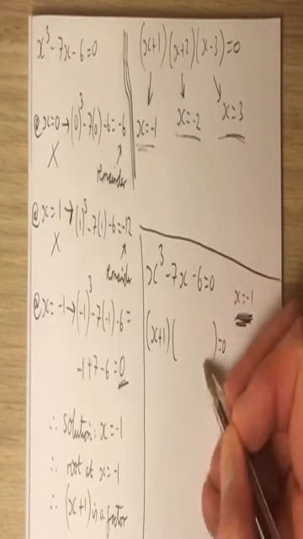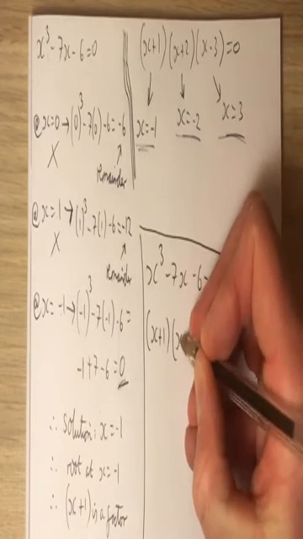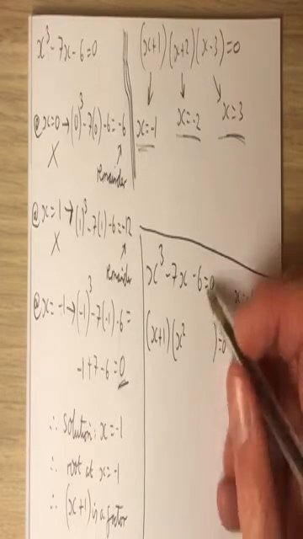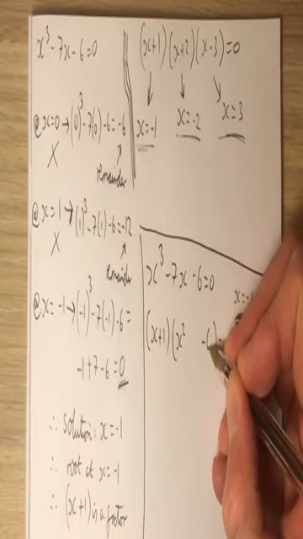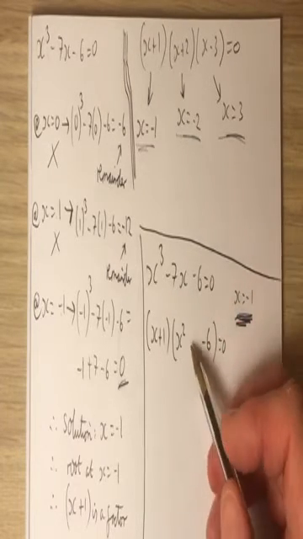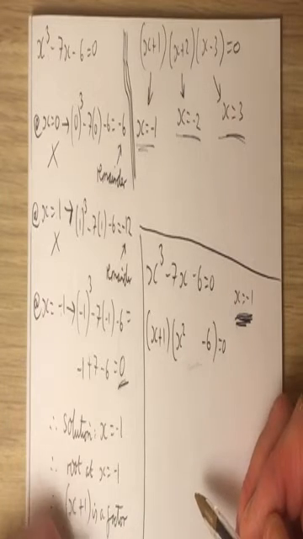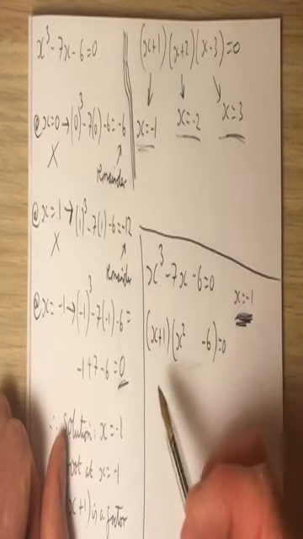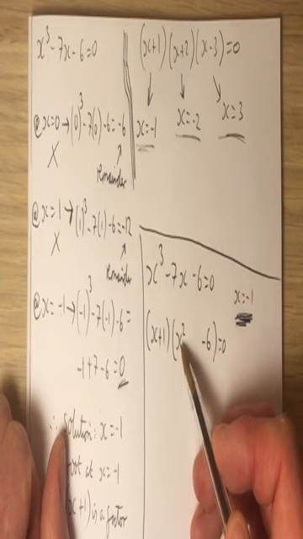So what goes here? Well, to get x cubed, I have to have x times what? That's got to be an x squared. To get the negative 6, I have to have 1 times what? That must be negative 6. And now I just have to figure out what number, if anything, goes here, something x. Well, the 1 times the x squared gives me 1x squared.